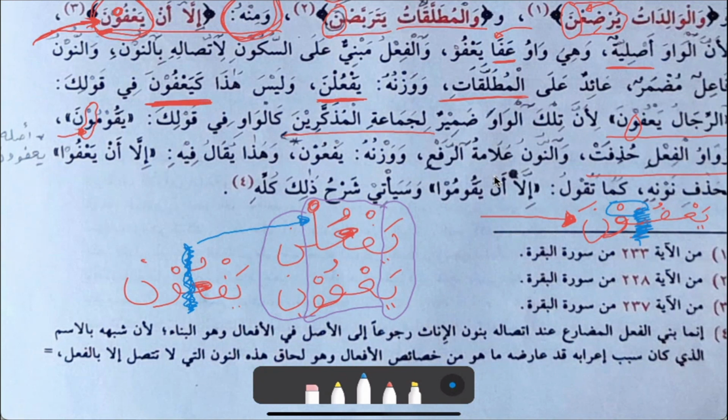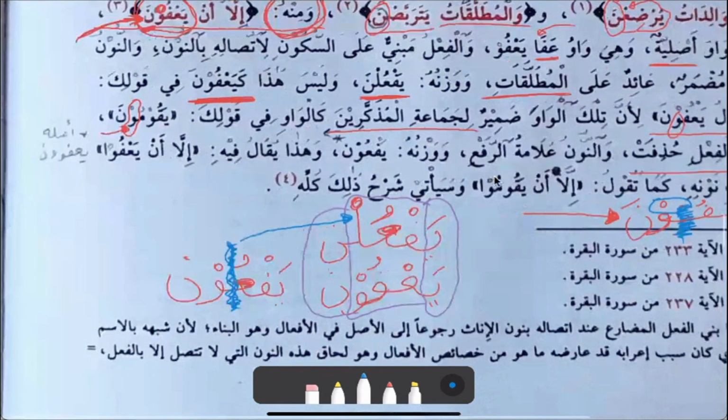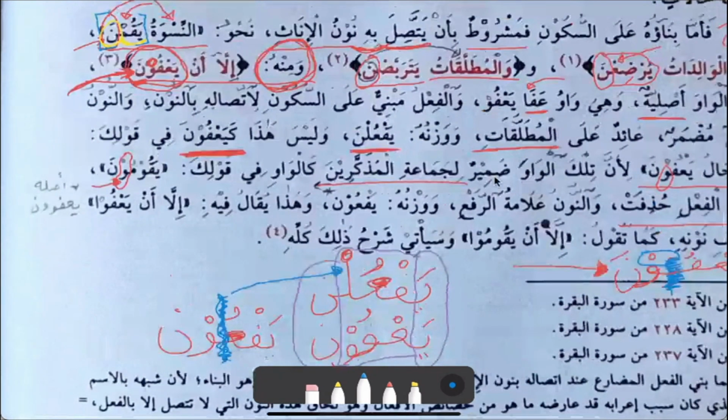And this one you would say, or it is said concerning it, illa an ya'fu. Meaning, had this ayah up here, illa an ya'funa, been for masculine, then you would have said illa an ya'fu without the noon because of an. An would have made us get out of the state of rafa, and then we would have dropped the noon.